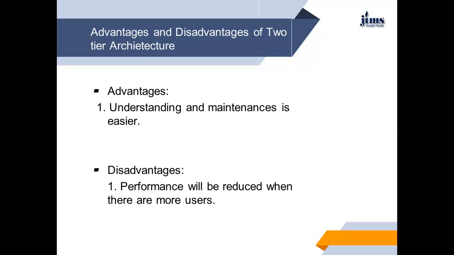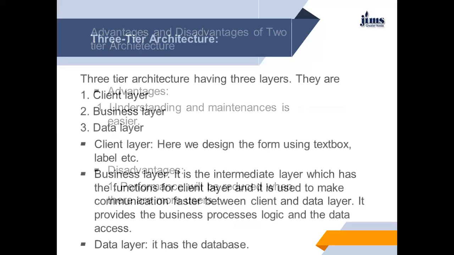As long as fewer users are there, the performance is okay, but when the users are many, the performance will be low. So this is the disadvantage of the two-tier architecture.